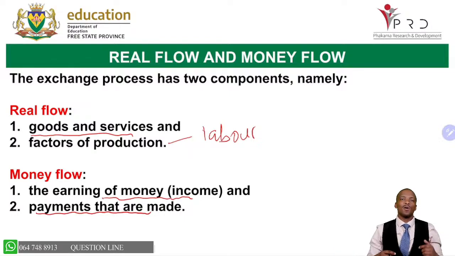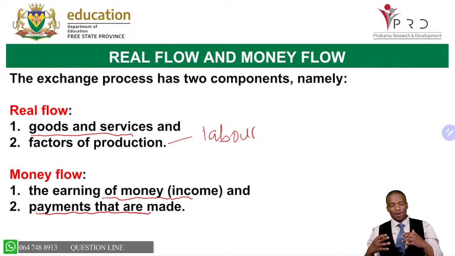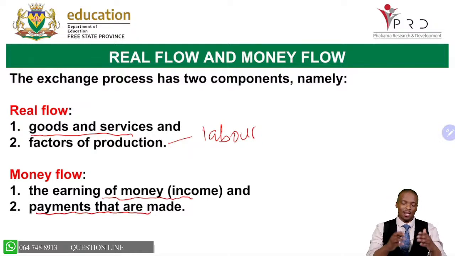Okay? And then also you can see that there's an income that was received here because of the real flow. So these ones that we cannot physically see, the movement of payment as well as the movement of income, those are also known as what? As money flow.